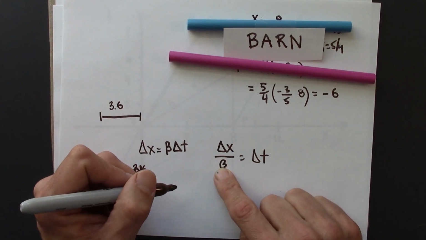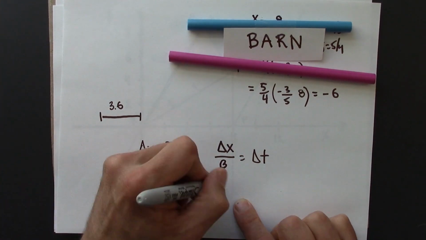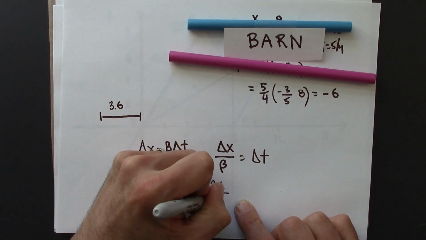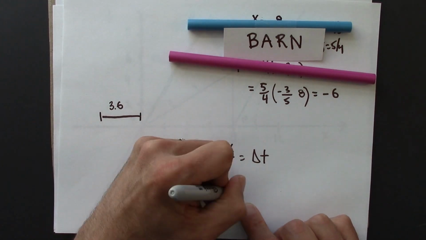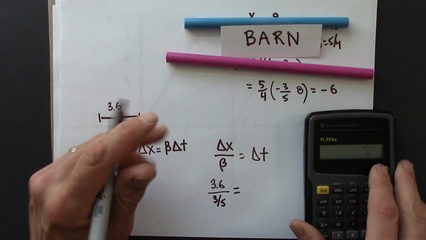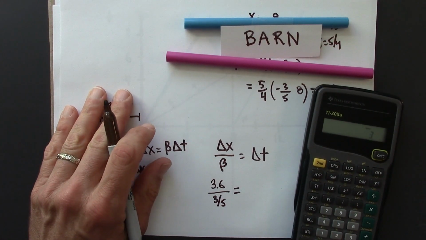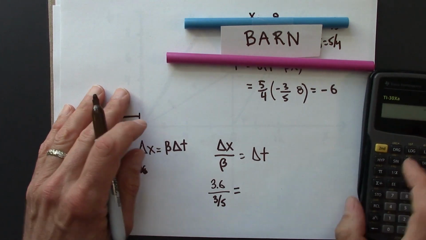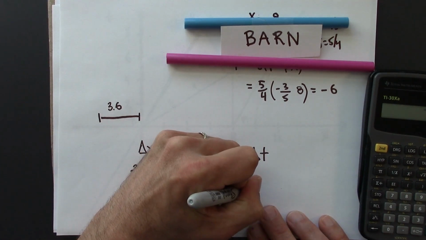And then delta x is 3.6. Beta is 3/5. And let's see what our calculator tells us for that. 3.6 divided by quantity 3 divided by 5, quantity equals, hey, that's 6. That's a familiar number.